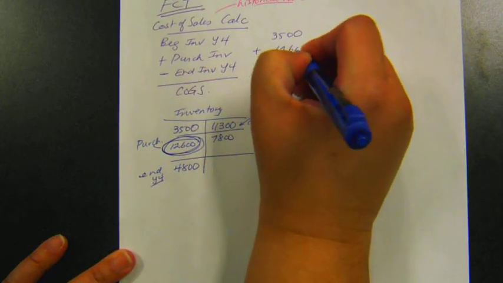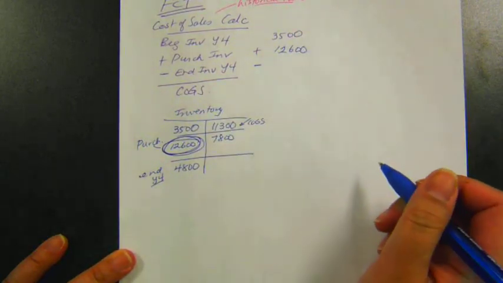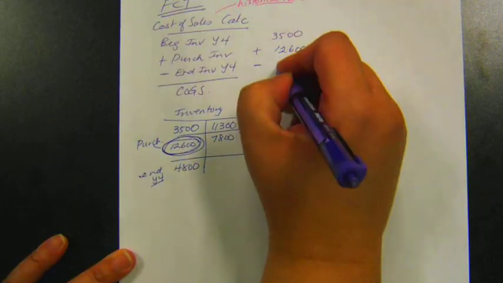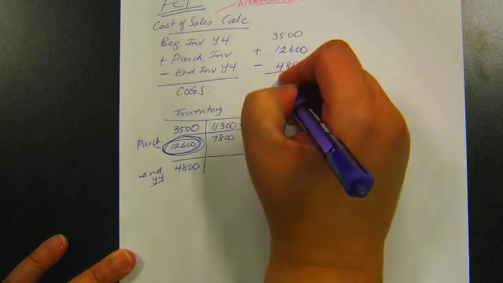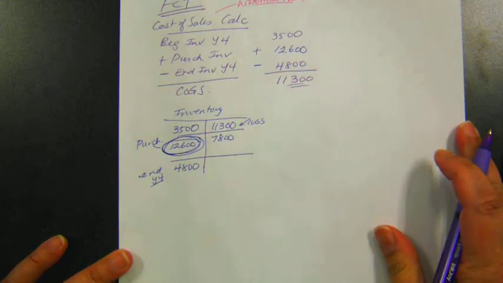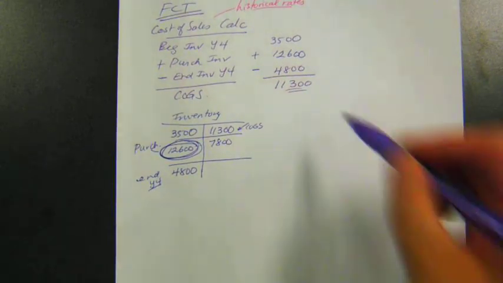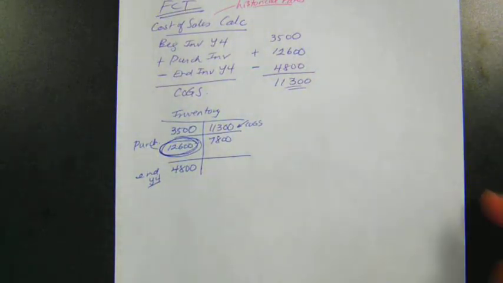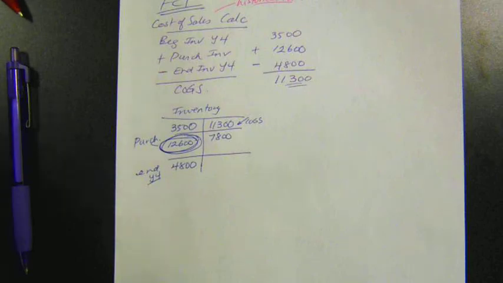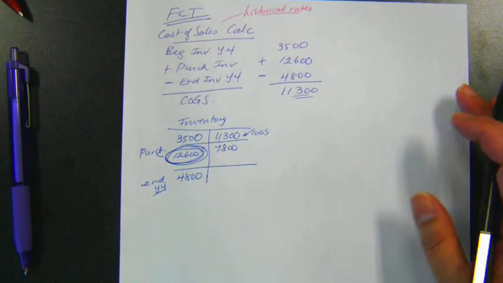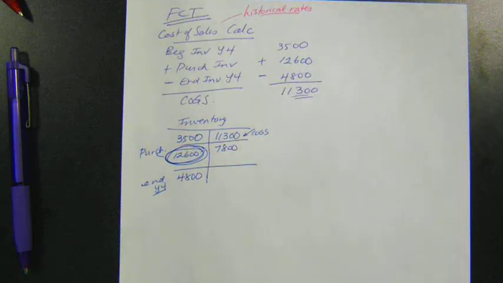So 12,600 minus the ending inventory, which we already know is 4,800, gives cost of goods sold of 11,300. So you could have just filled that in and gone back and figured out the purchases, however you want to do it, you guys. So that's the stuff from pro and intermediate. The stuff from advanced now is putting the rate, take a second, and put the rates in.